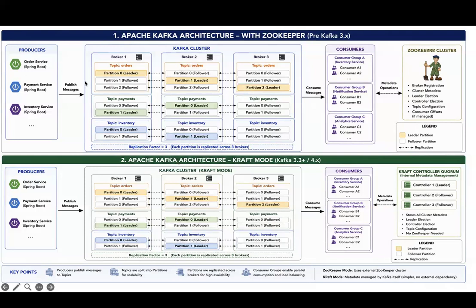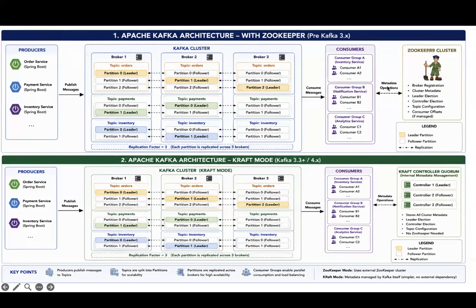So producers write messages to the cluster and consumers read messages from the cluster. They are not aware of who the producer or consumer is between them.